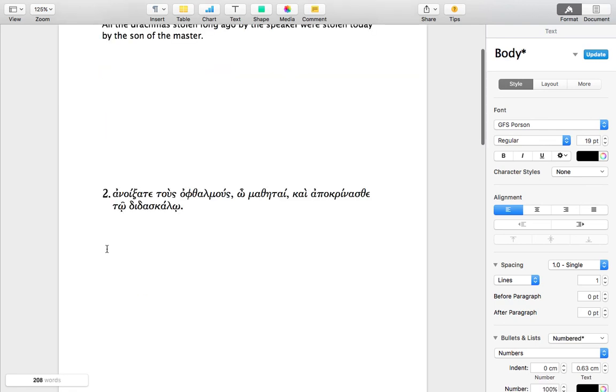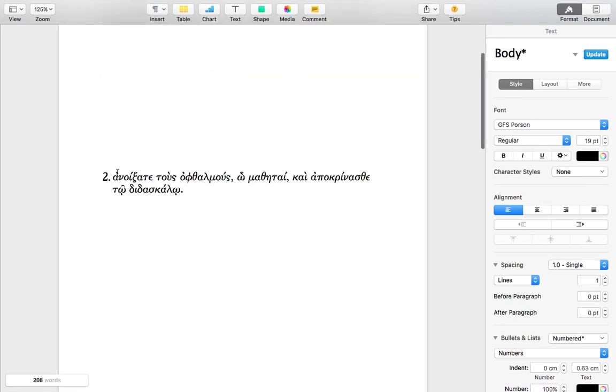Okay, moving on. Number 2. Anoixate tus ophthalmus o mathetai kai apokrinasta toi didaskaloi. Okay, so recall back to, if you're in your textbook, actually, I don't have it.